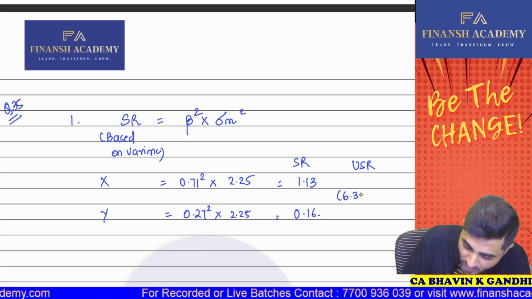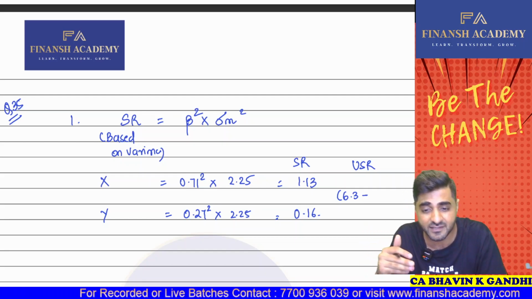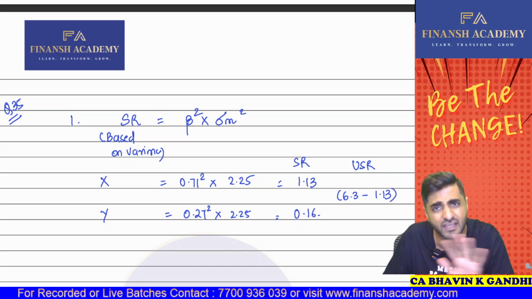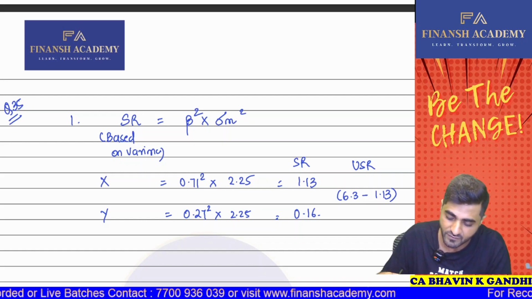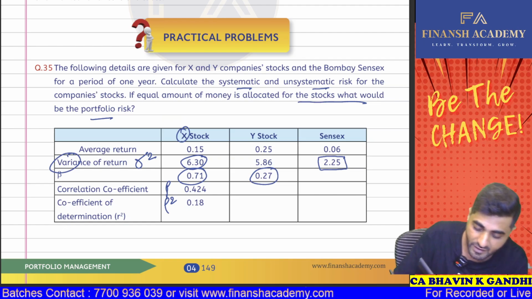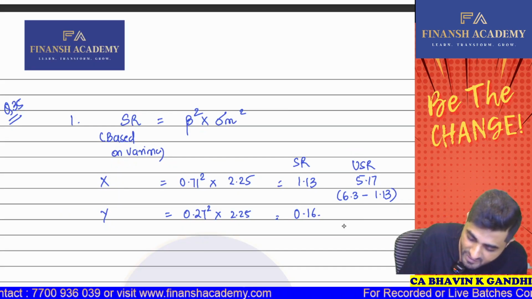Now from this 6.3, what do I need to subtract? I need to subtract my systematic risk, which is 1.13. As you can see, everywhere I've taken variance only. So 6.3 minus 1.13 will give you 5.17. And what about Y? For Y, the variance given is 5.86.